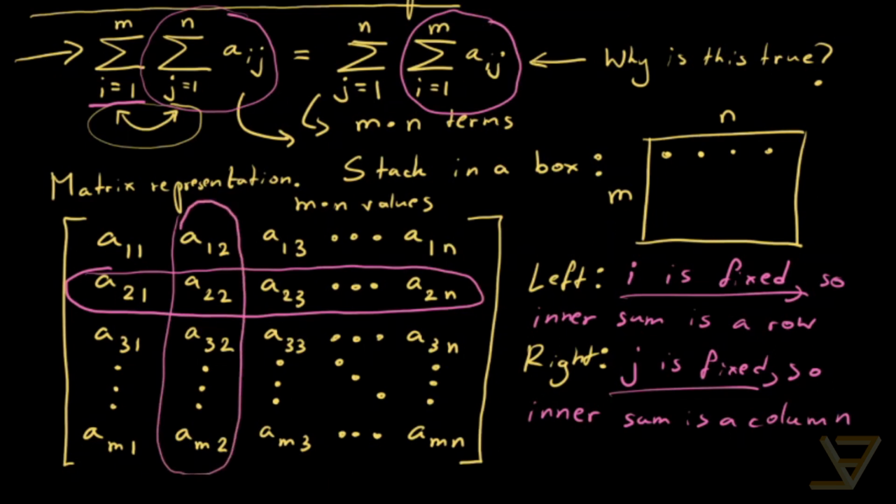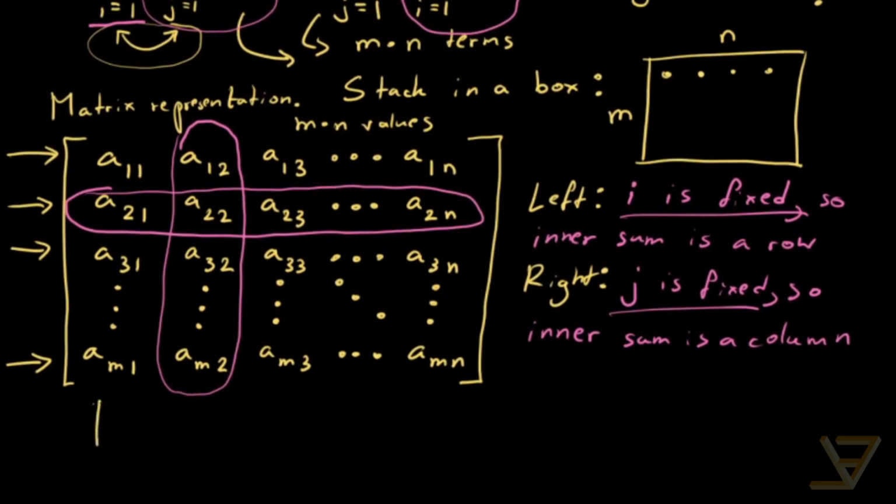It doesn't matter whether we're iterating through the rows 1, 2, 3 all the way through m, or through the columns 1, 2, 3 all the way through the nth column.